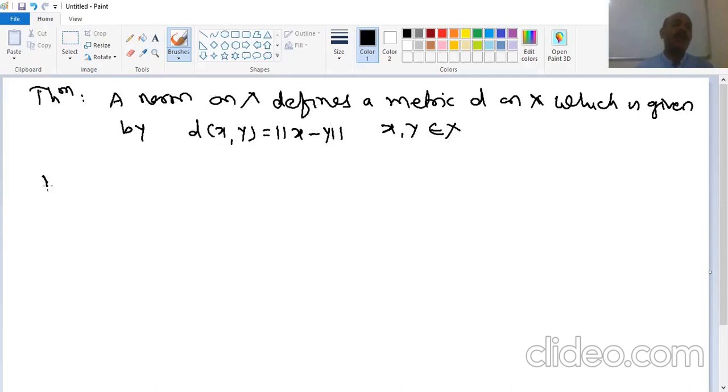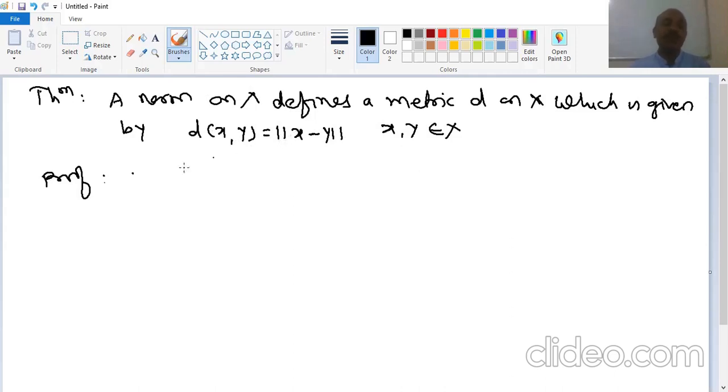Proof. We have already seen, but let us just revise it. We have to show that this function is a metric. It means there are three conditions we have to satisfy.